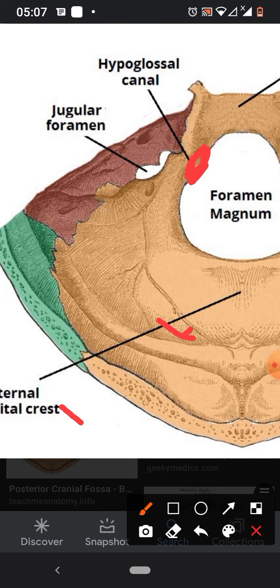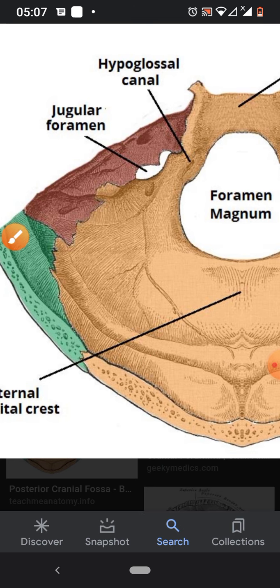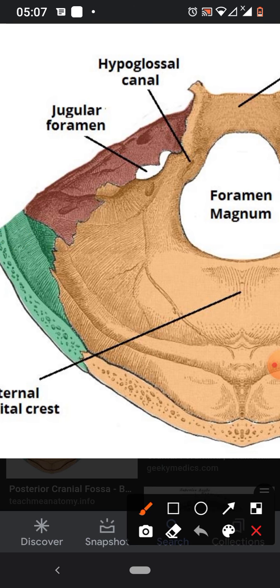These two veins are connected by the emissary vein, which is passing through the hypoglossal foramen. So again I am repeating that from the hypoglossal foramen a nerve is passing, the hypoglossal nerve, an emissary vein is passing, and an artery is also passing, the ascending pharyngeal artery.